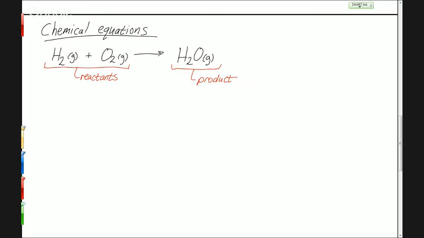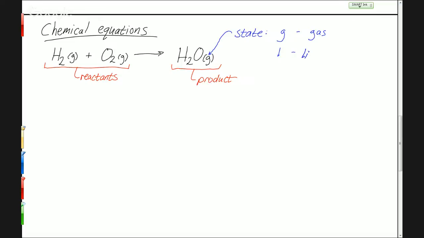Other things that you'll note in the formulas here, there's often a little letter in parentheses after the chemical formula. What do you think that refers to? State. Yeah, that's the state. G is for gas.